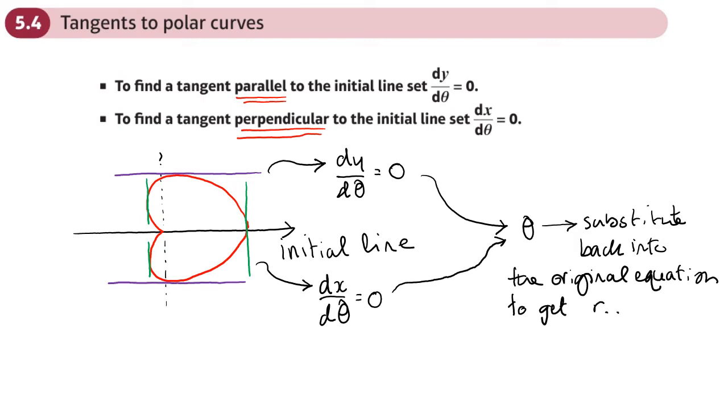Your final answer is going to be the coordinates where these tangents are, given in the form (r, θ). That's basically what we need to do. It's only tangents which are parallel and perpendicular to the initial line.